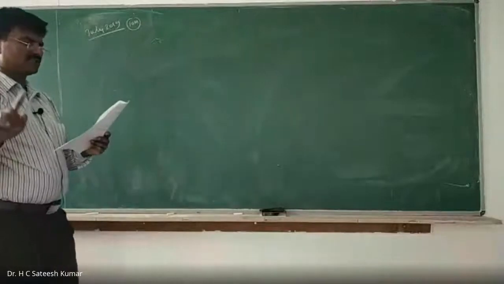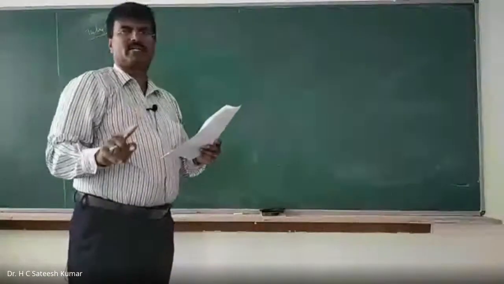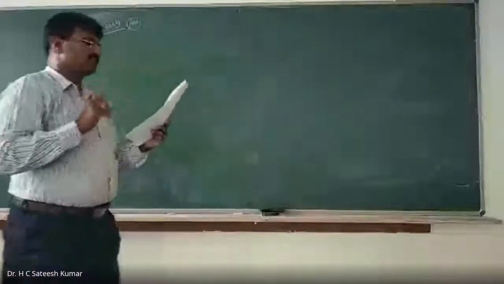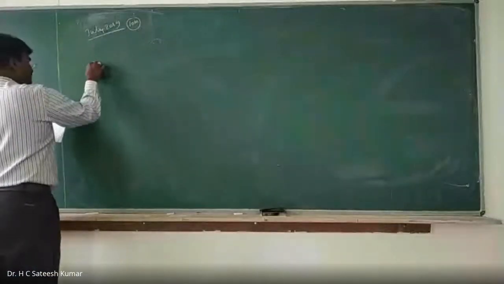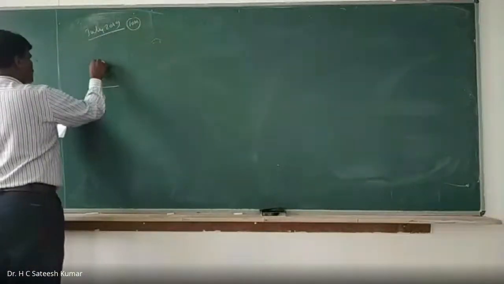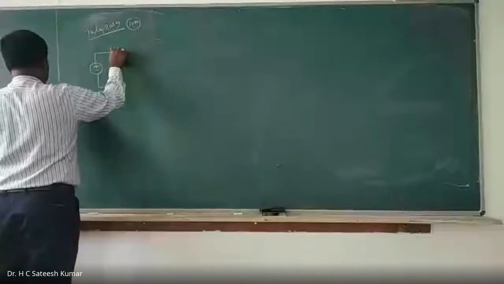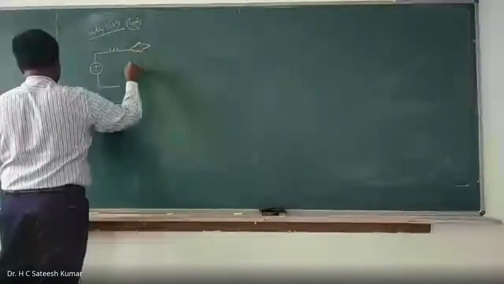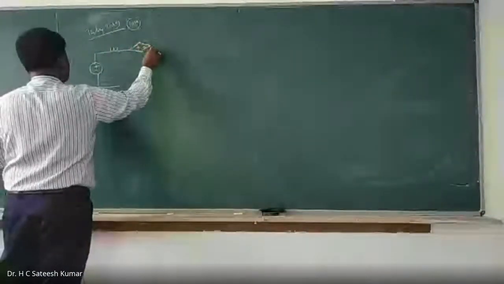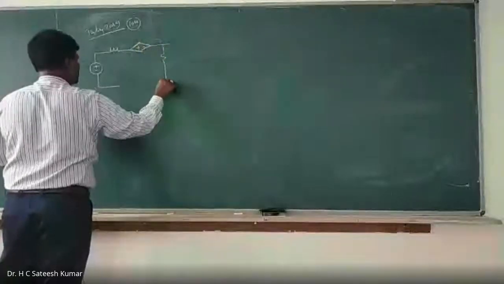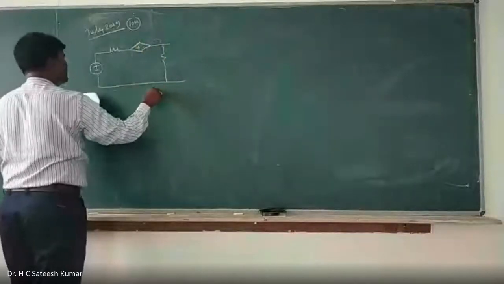One he has given on Norton's, one he has given on Thevenin. Earlier I did Thevenin's, this is Norton's. This is a very interesting problem, which is repeated many times in the examination, not only 4 or 5 times, but from the past 20 years. We have seen this question in many papers. Let us see what is so interesting.